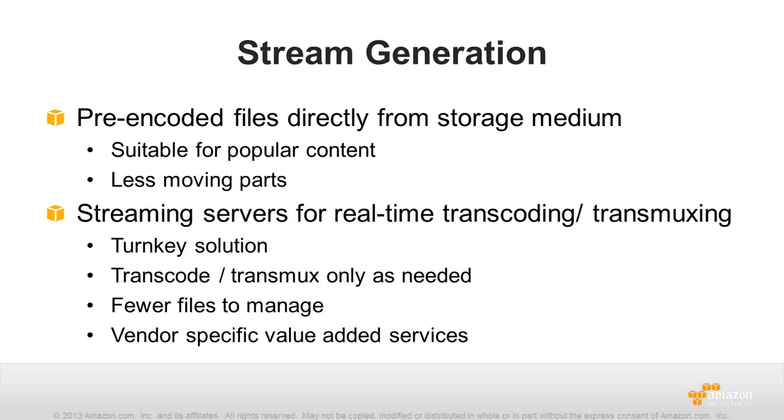But for real-time transcoding, you do need to use a media server in your workflow so that as your clients request a particular file, that file would not be encoded in advance. The request is then sent by the edge server to your media server, and that media server in real time will process that file, create those chunks, and then deliver them back to the edge server for caching and forwarding on to the client.